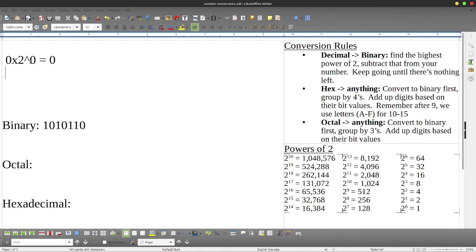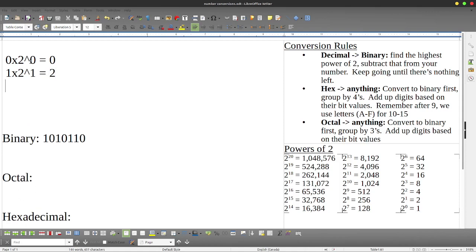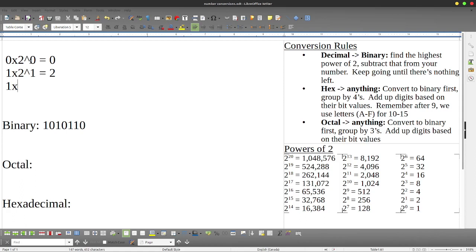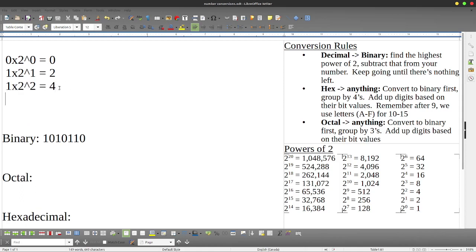There we go. We have a 1 here, so that's 1 times 2 to the power of 1, which is 2. 1 times 2 to the power of 2, which is 4. I'll do one more here, and then I'm going to move over a column. 0 times 2 to the power of 3, so that's 2 to the power of 0, 1, 2, 3, which is 0.